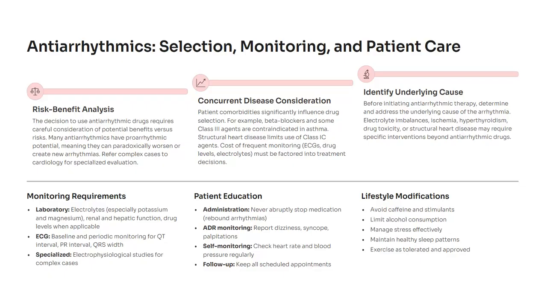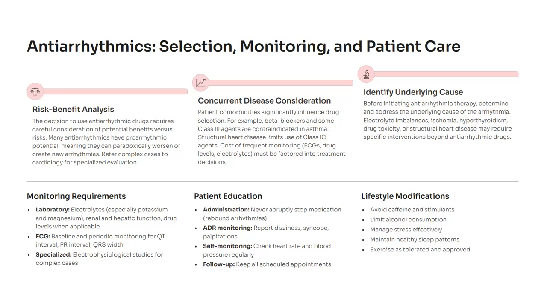So, lab electrolytes, especially potassium and magnesium. You're checking for renal and hepatic function and drug levels when you need to. An ECG, baseline, of course, and periodic monitoring for the QT interval. And then some electrophysiological studies for complex cases.